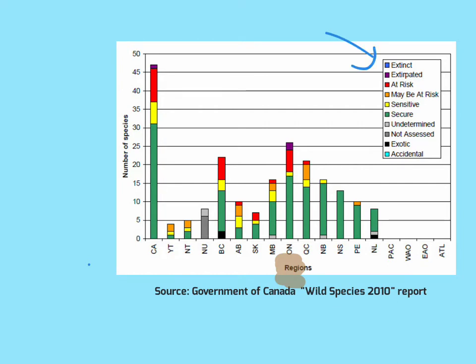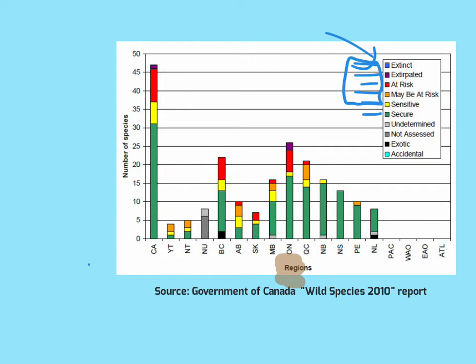Now, when we're talking about the health of a species, we want the species to be secure, and so it starts from a very, very healthy population of species. As we move up this table, the species is getting more and more threatened. The population is reducing more and more. So when we see species from, let's say, yellow upwards, we know that we have some problems.